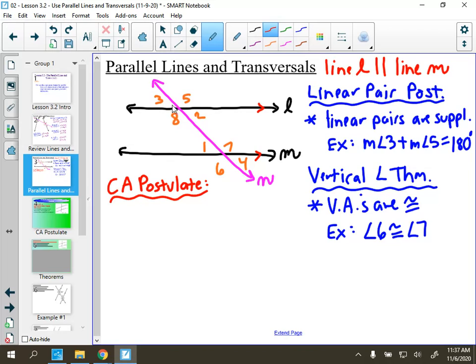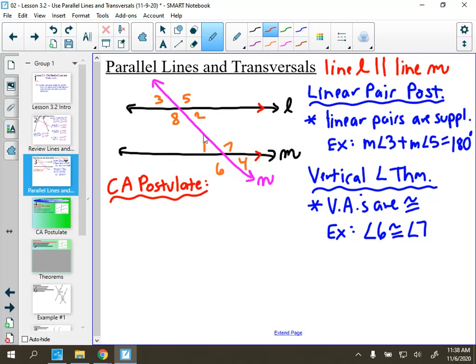It looks small, less than 90. This angle 1 right here, yeah, that looks about the same, right? And I don't have to be perfect as long as my lines were close to looking parallel and I drew my transversal strategically. Yeah, that's what the CA postulate says. The corresponding angles postulate says all 4 of those angle pairs have to be congruent.